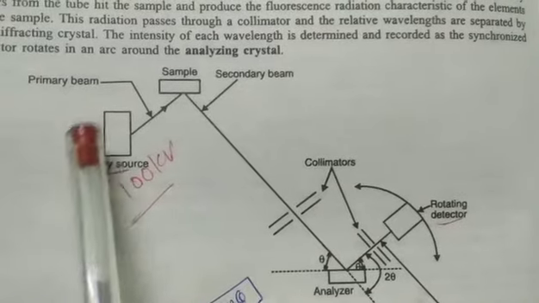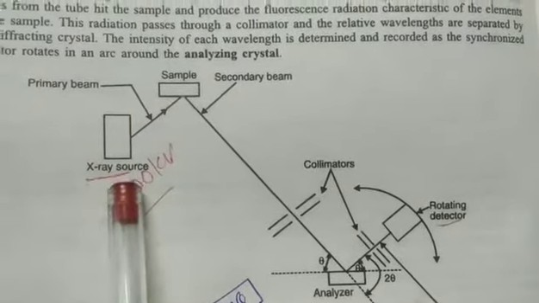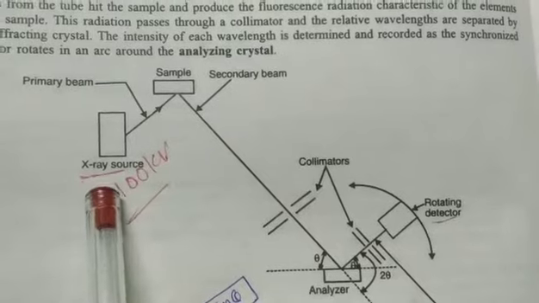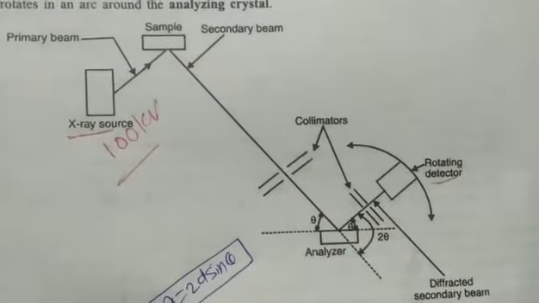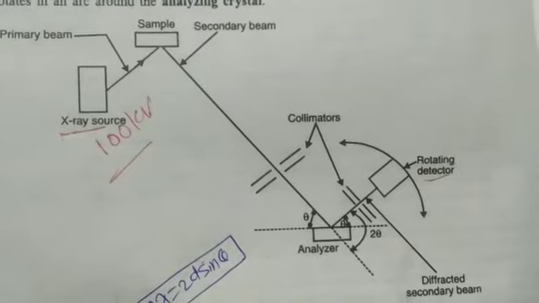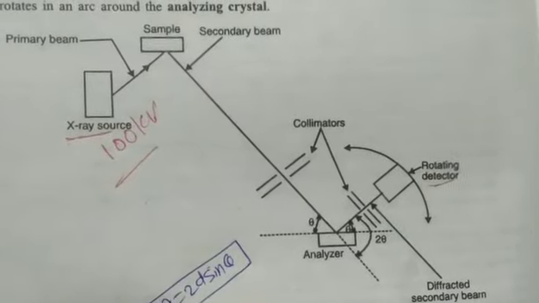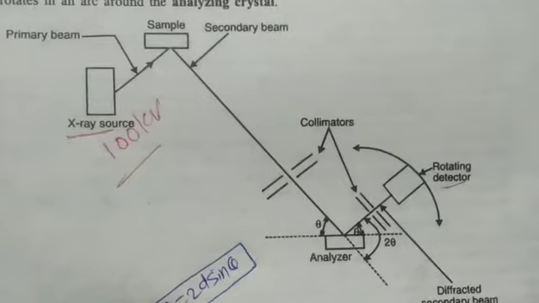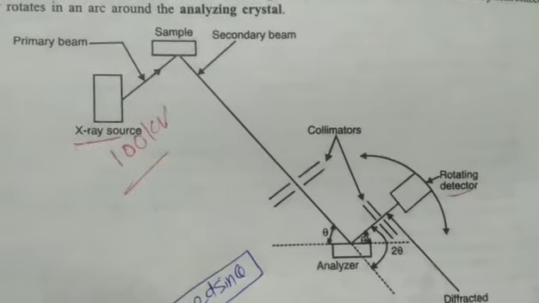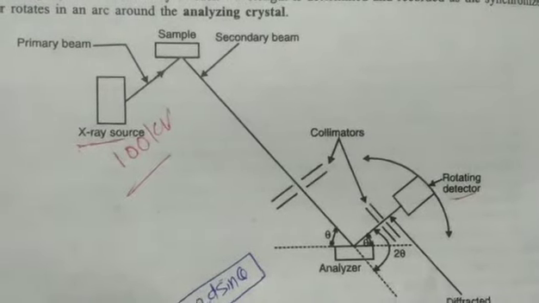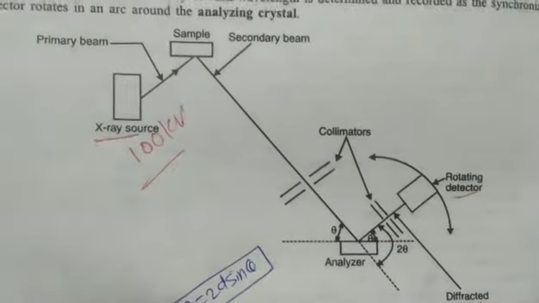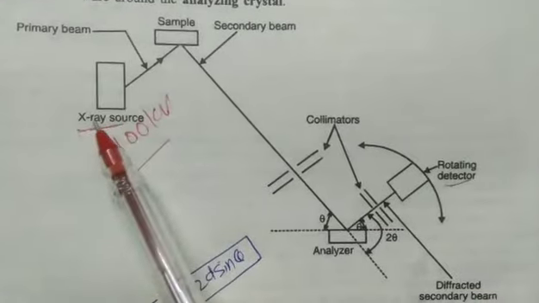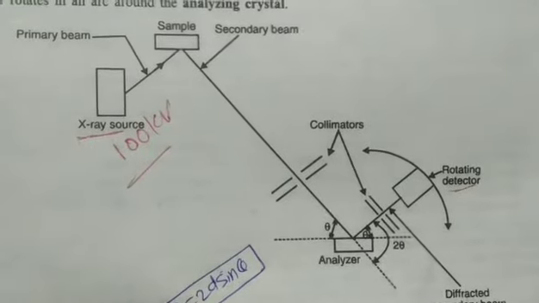For the target element in the X-ray generator we use anode and cathode. For 100 kV we use tungsten as a target element. Tungsten has a high atomic number and short wavelength or high frequency. So we use tungsten for generation of X-rays.